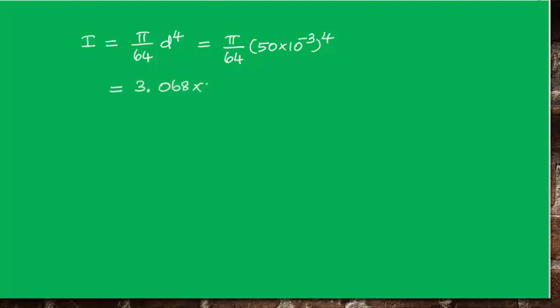For a circular shaft, the area moment of inertia I is pi by 64 d power 4. On substituting the value of diameter of the shaft in meter, we get the moment of inertia as 3.068 into 10 power minus 7 meter power 4.